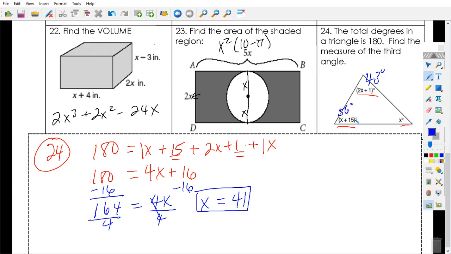Easy enough? Okay, so we only can solve for the variable if we have it equal to a number. Does that make sense? And in this case, were we able to do that? Yes. All the other ones, all we had to do was just simplify as much as we could because we did not have a way to solve for that information. Got it? All right, that concludes our polynomial geometry.